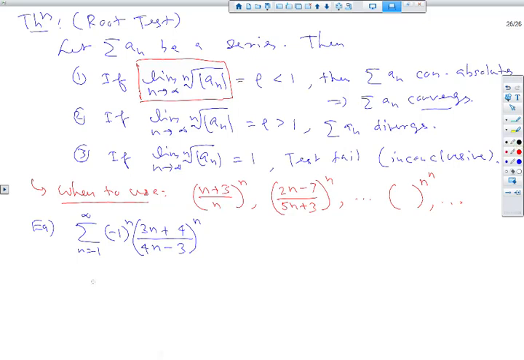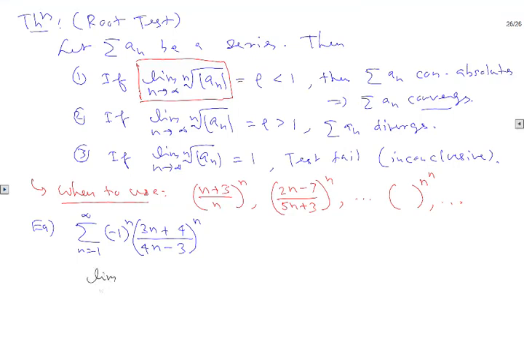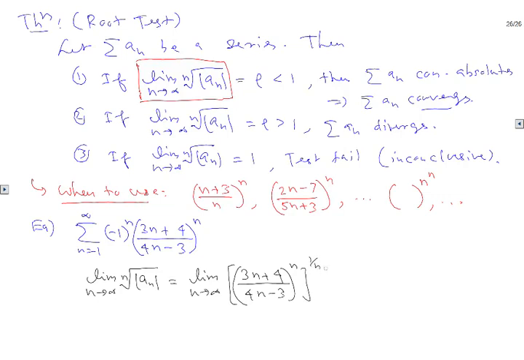So we're going to take the limit as n goes to infinity of the nth root of the absolute value of a_n, which equals the limit as n goes to infinity of 3n plus 4 over 4n minus 3 to the n power, where nth root means 1 over n power, right?